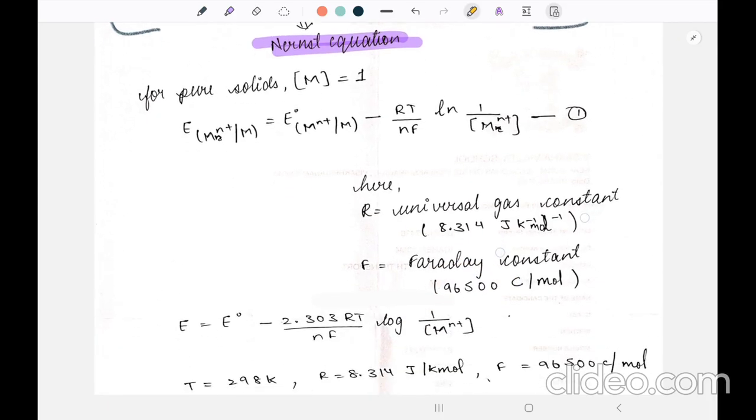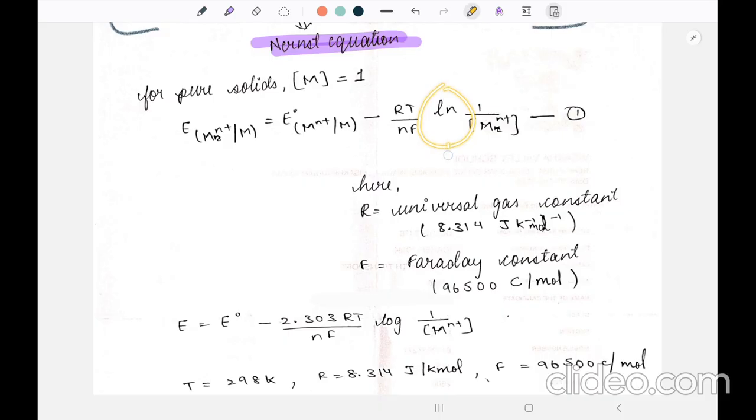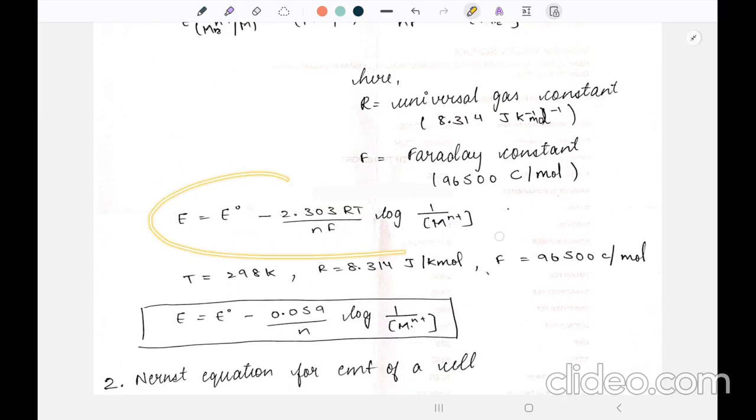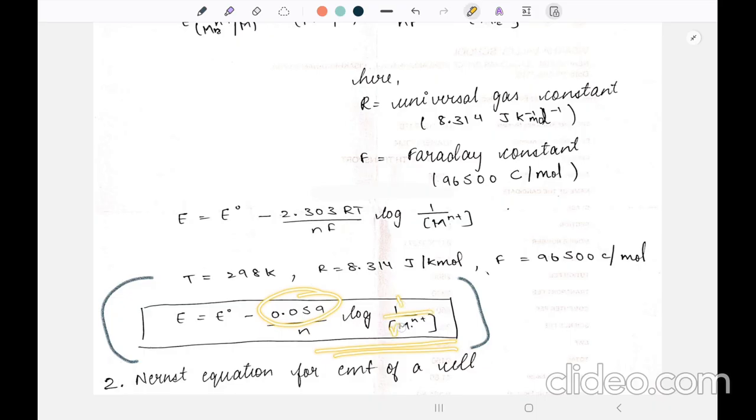Next, the ln using logarithms will be converted into log, that is 2.303 will be multiplied. So the equation will become as follows. And if we take 298 Kelvin and place the values of R and F, we'll get the equation as follows, which is E0 minus 0.059 by n log 1 by [M^n+].